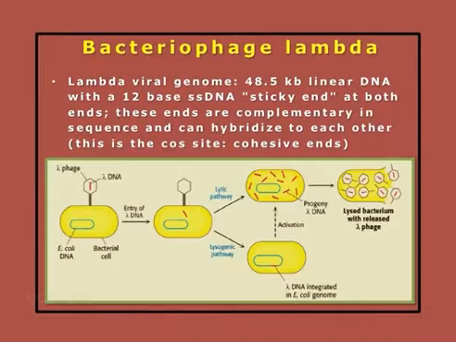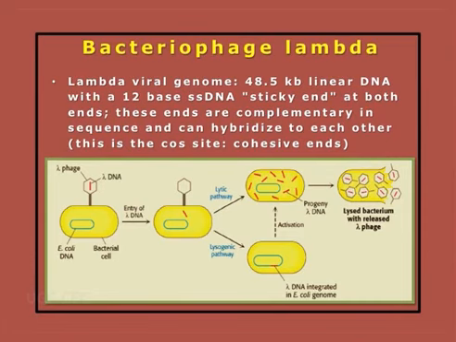In this regard, the most important helper is bacteriophage lambda. Bacteriophage lambda has a genome size of 48.5 kb. It infects E. coli cells and has a 12 base pair single-stranded overhang, or sticky ends, which can circularize.